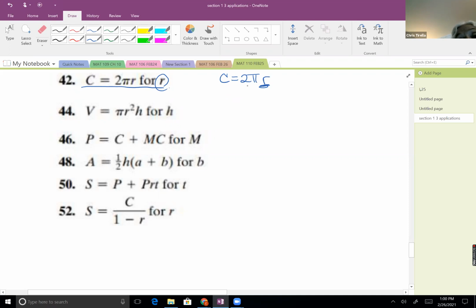Then we want to get that coefficient on r to be 1. Does everybody see the way this is written? I'm multiplying r by 2 pi. So I'm going to divide by 2 pi. And what I do to one side, I do to the other. Working that out then, 2 pi divided by 2 pi will leave me with just r. And on the other side, I can't combine those, so I'm going to leave it as c over 2 pi.